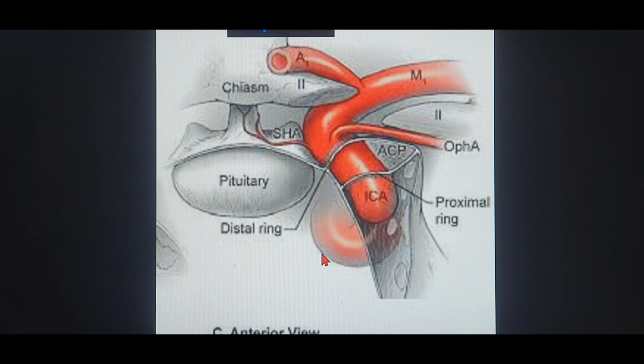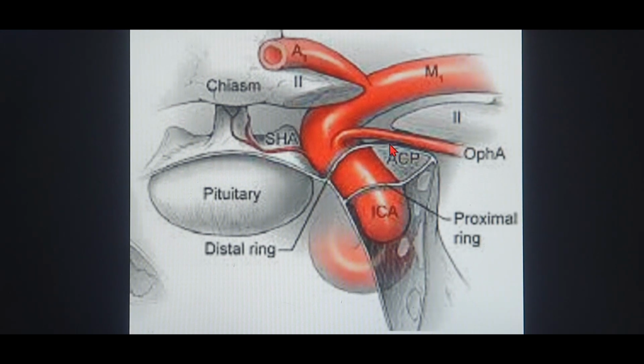Now the paraclinoidal space is bounded by three structures. If you can just imagine that this is the lateral aspect, superiorly, inferiorly, and laterally it is bounded by three structures. As you can see on the screen right here, that's the lateral aspect where the paraclinoidal space lies.